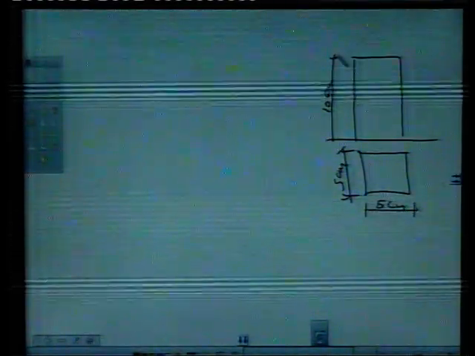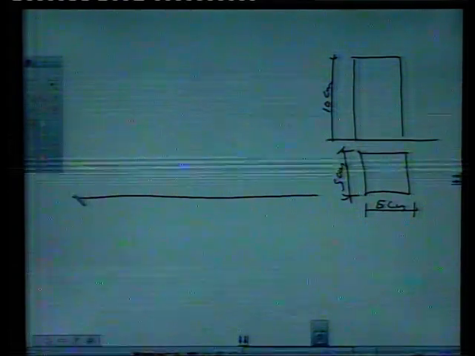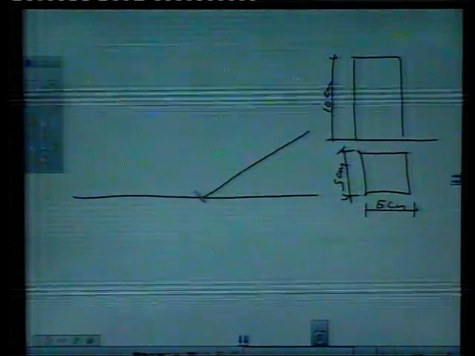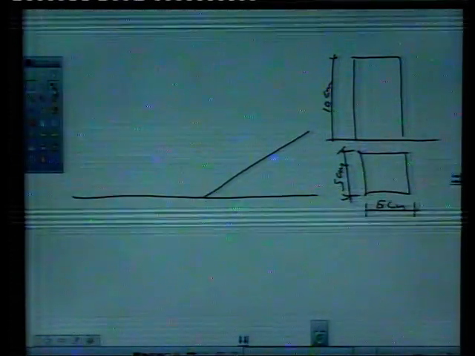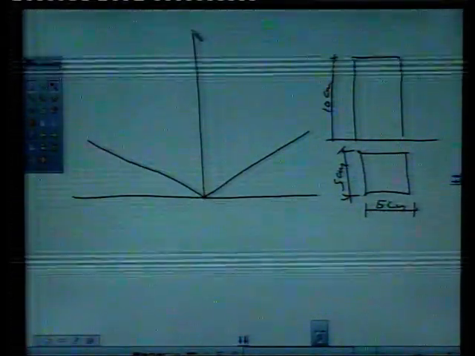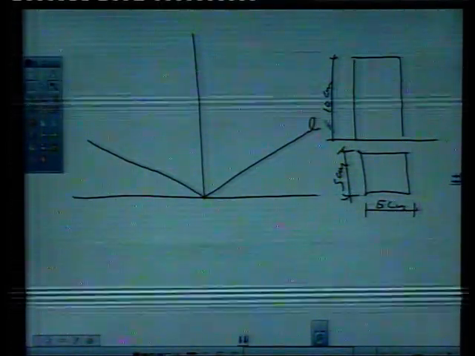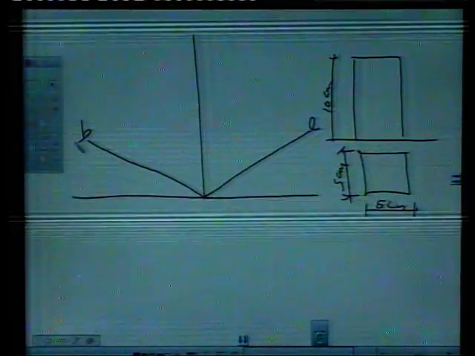For drawing isometric, what will we do? First we will mark 3 axes. These 3 axes are isometric axes, one for length, one for breadth and one for height.